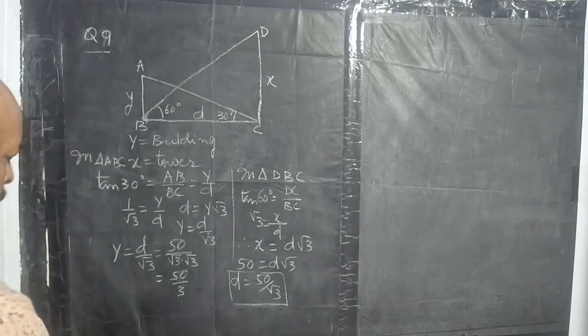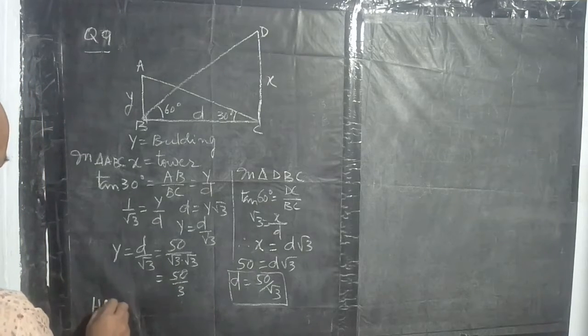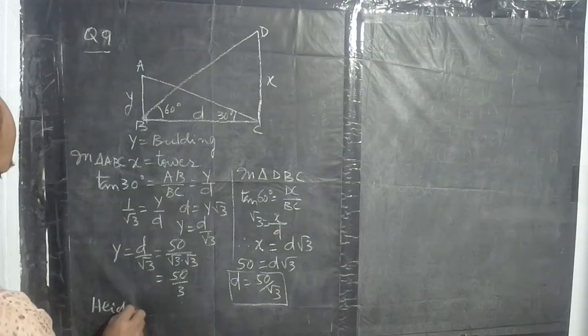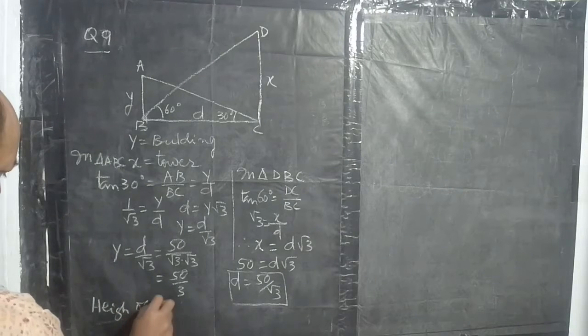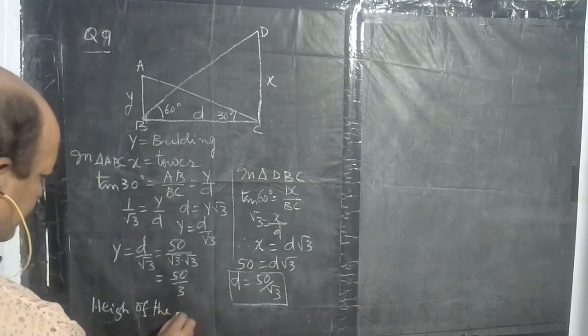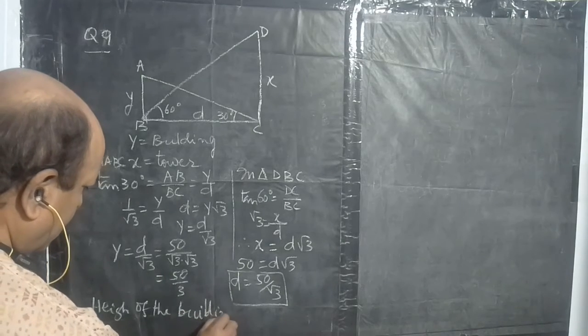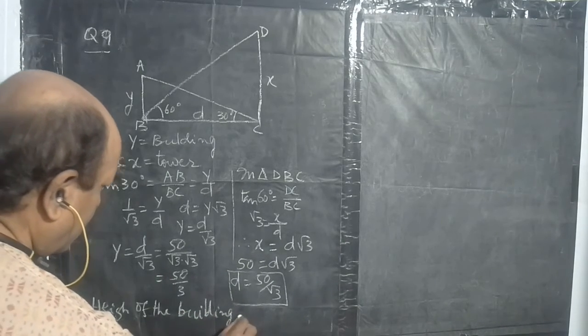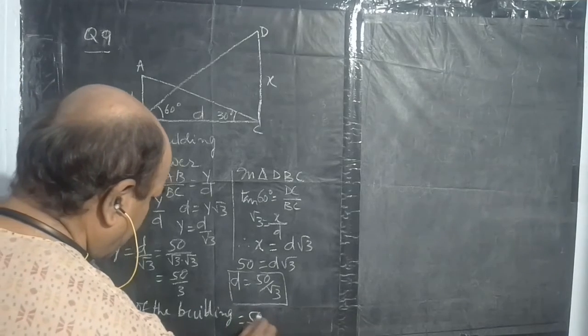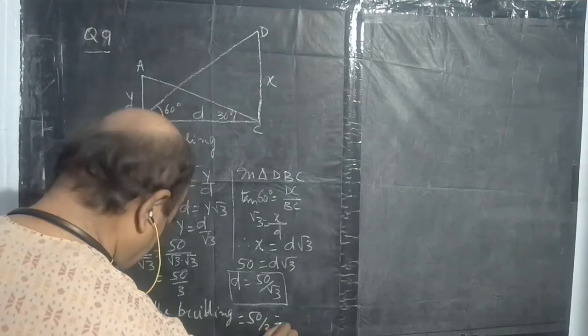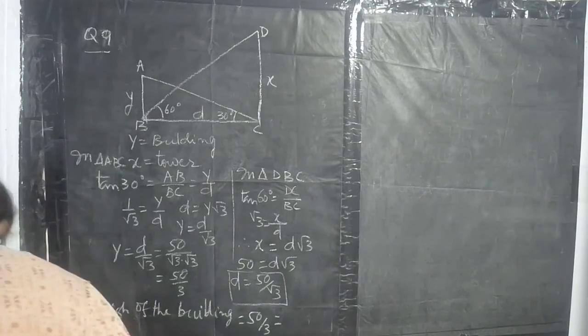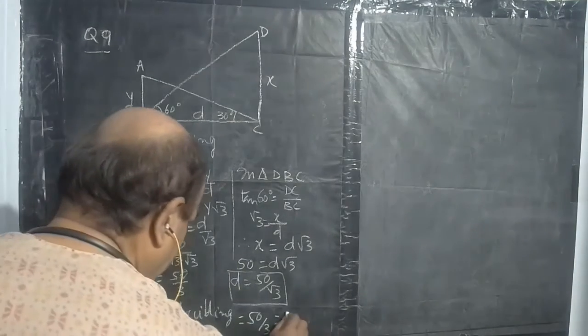This is the height of the building. Height of the building is equal to 50 upon 3, that is 16 integer 2 upon 3.